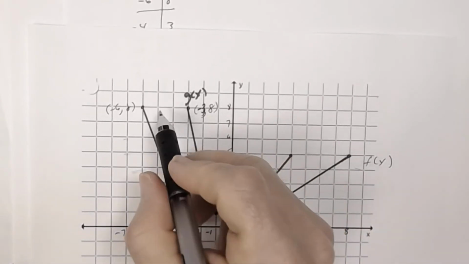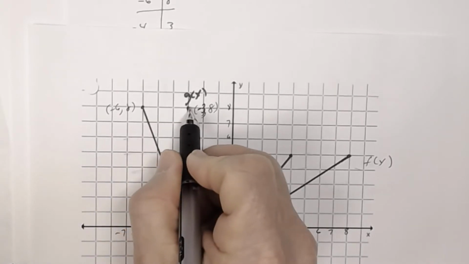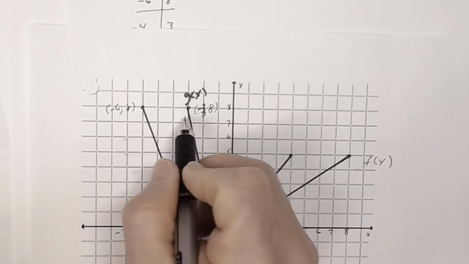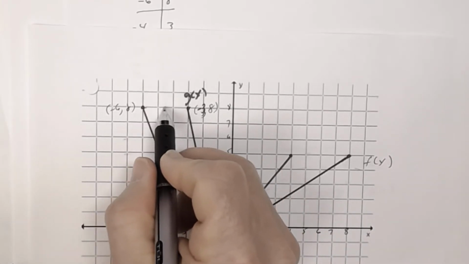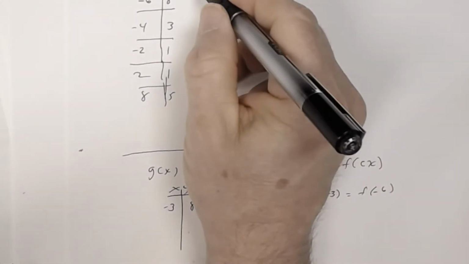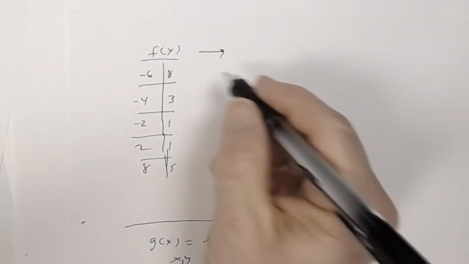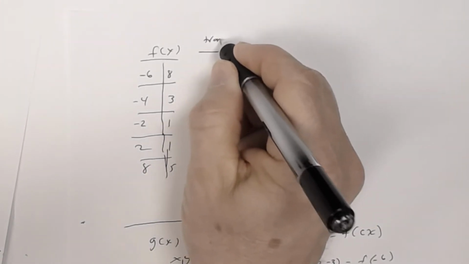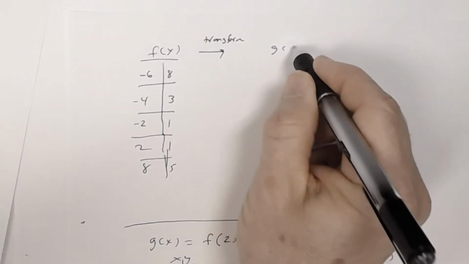Okay. So this point here, negative 6, 8, when I transformed f of x, this point became what point? Negative 3, 8. So when I transformed, this point became what point on g of x?